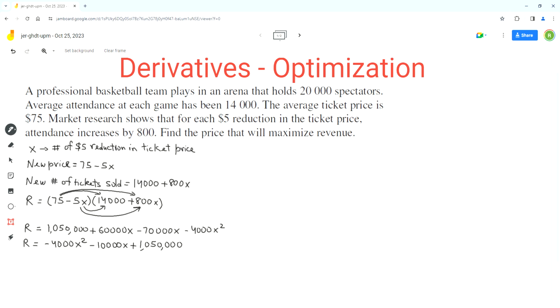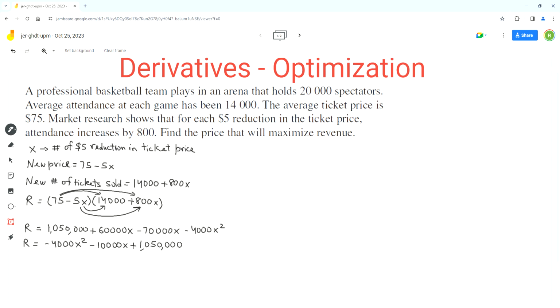Now we can find the domain for this revenue function. We are given that the arena can hold 20,000 spectators, so that's the maximum capacity. So the maximum number of tickets that can be sold for a game should be equal to 20,000.